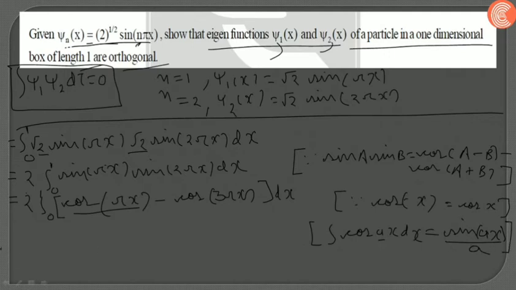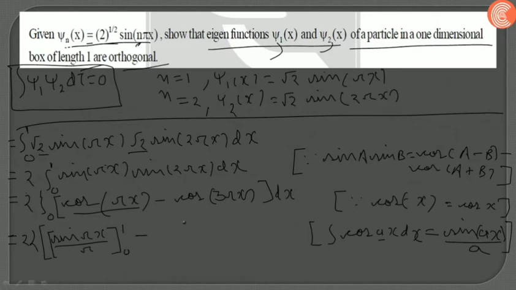Using this, we write 2 times, and integrating cos pi x gives sine pi x over pi, with the limits 0 to 1.